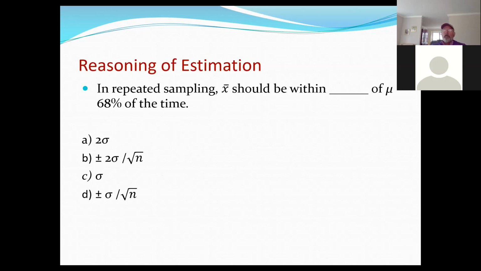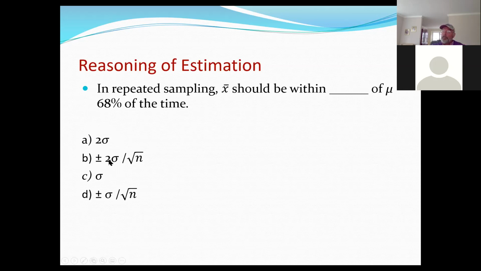How far away from the mean is one standard deviation away? What's the area under the curve at 1 standard deviation away from the mean? 68%. Okay, so in this particular case, we're not thinking about multiplying by 2.